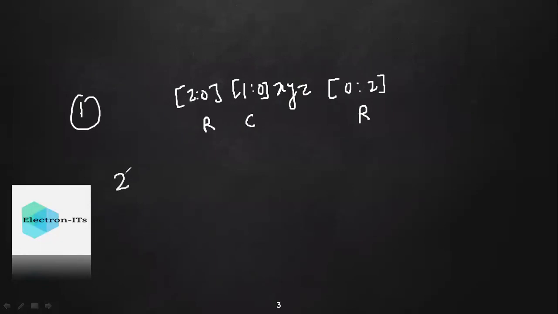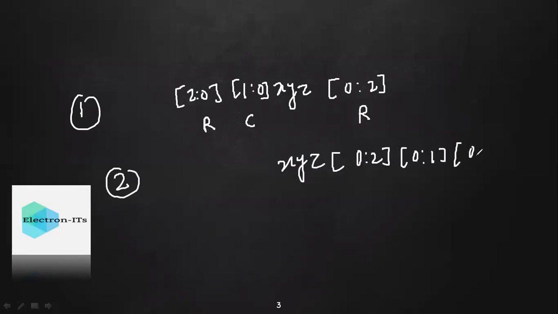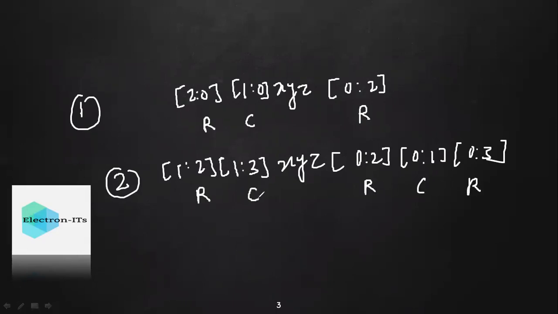The same way we can write xyz, 0 to 2, 0 to 1, and 0 to 3, and here 1 to 2. And one more we'll take, 1 to 3. So in this case, this is your row, column, row, again row and column. Like this you have to write the corresponding array structure.